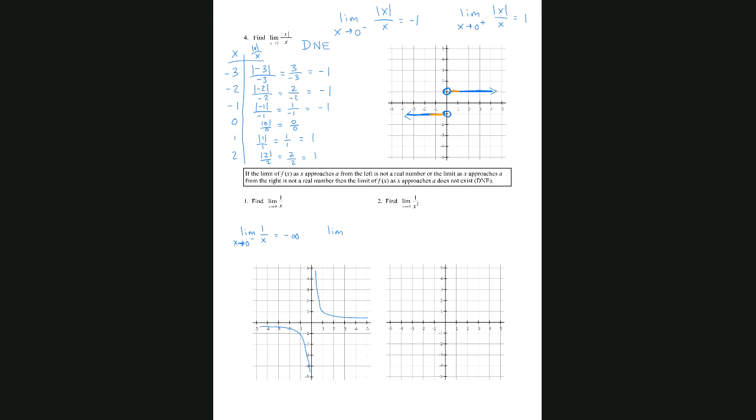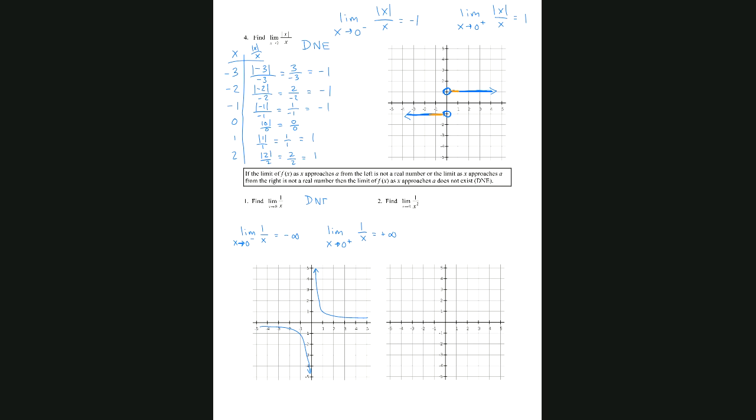And then we can look at the limit as x approaches 0 from the positive direction. And that is headed toward a positive infinity. Now, since those two don't agree, we can definitely say that the overall limit does not exist.